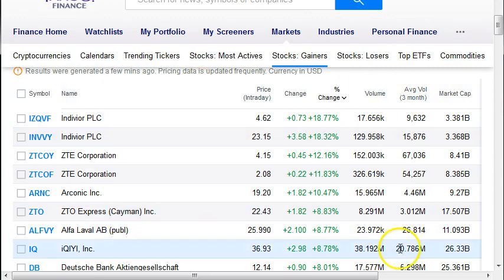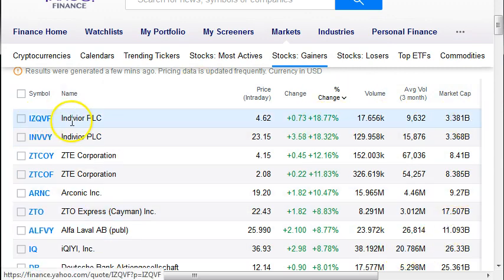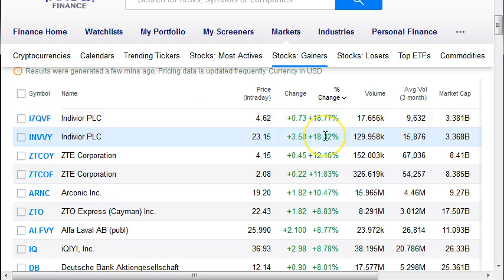Among these, it looks like some stock, Indivior, went up by 18.77% today. So it's a pretty nice jump for this stock. In just one day, the stock gained 18%. The market cap for this company is $3.38 billion. Not all stocks may have corresponding options, but normally big stocks do.